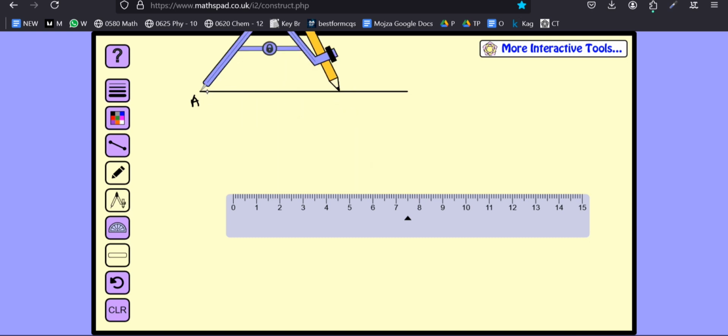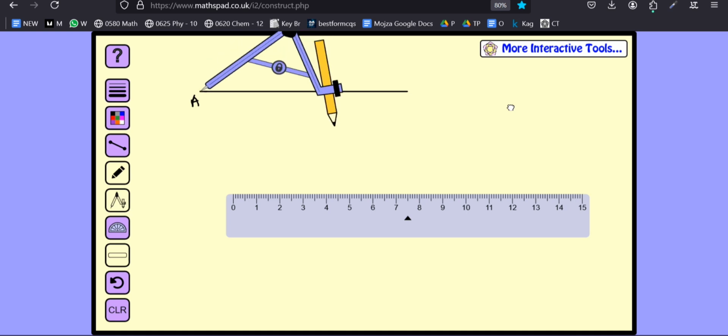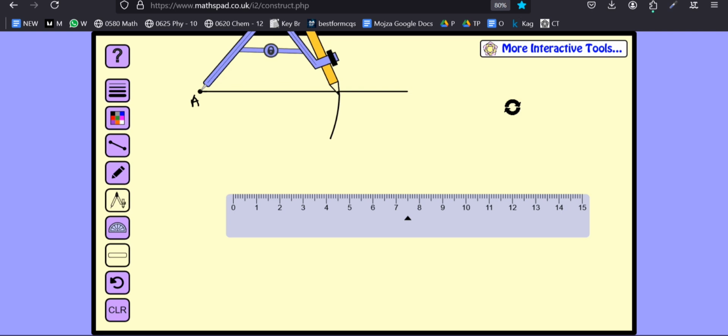And now we are going to mark it. This is the point where our arc should work. So this is how this line will be made.